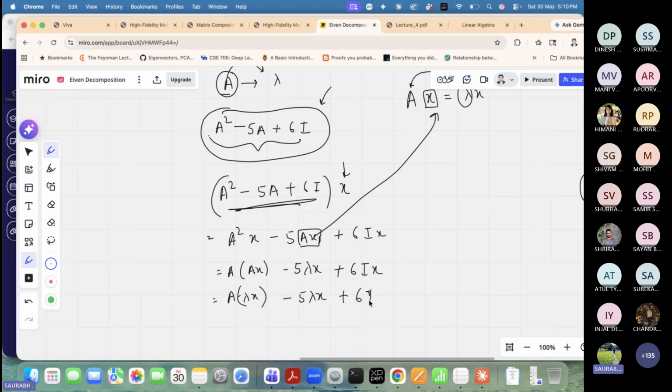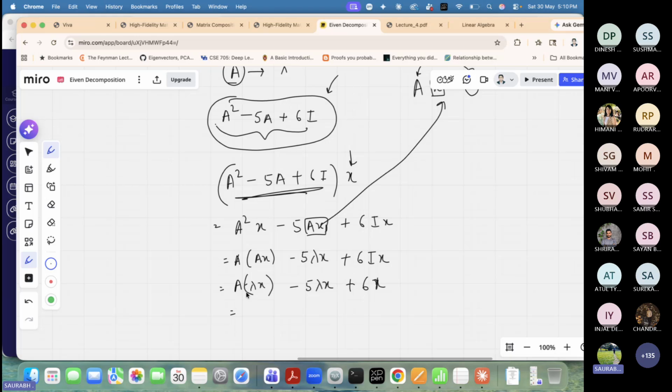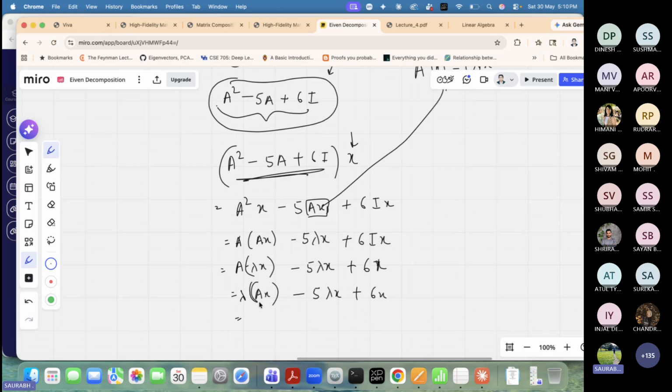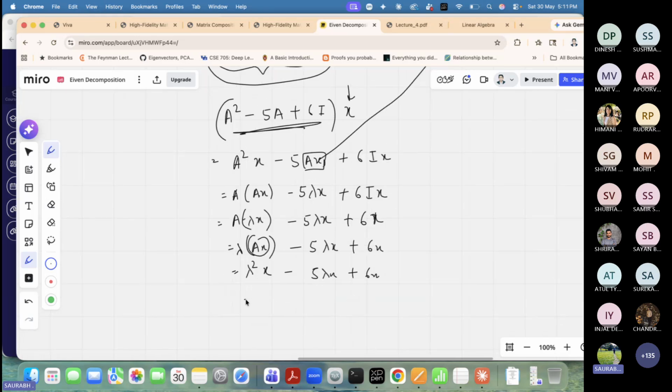Now you have lambda into Ax, which again becomes lambda x. So you will have lambda square x minus 5 lambda x plus 6x. You can take x common: lambda square minus 5 lambda plus 6, into x.